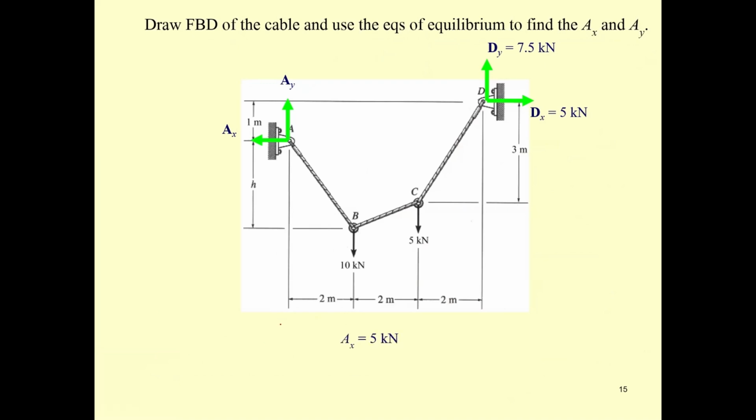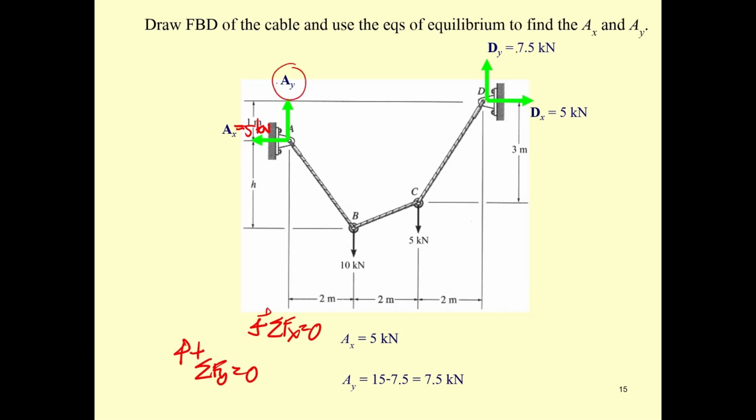Now, we have D sub x equal to 5, D sub y equal to 7.5. Then, summation of F sub x equal to 0. You have A sub x to be 5 kilonewton. Then, you may also have the summation of F sub y to be 0. This one you put upward to be positive.